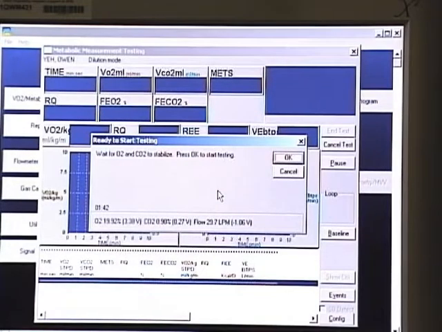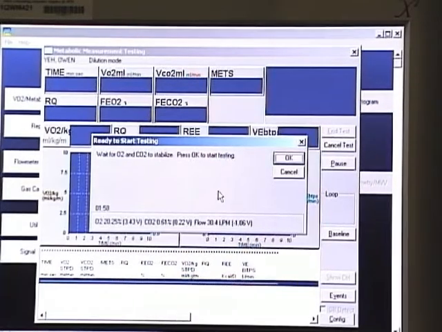Because the subject weighs only 124 pounds, chances are that we need to have a lower flow rate than 30 liters per minute to get him to 1.0 to 1.2%.